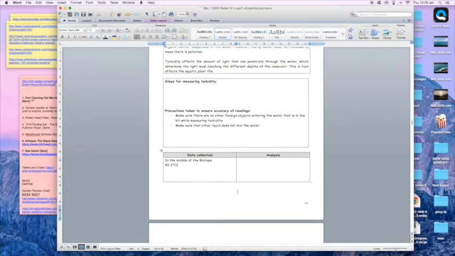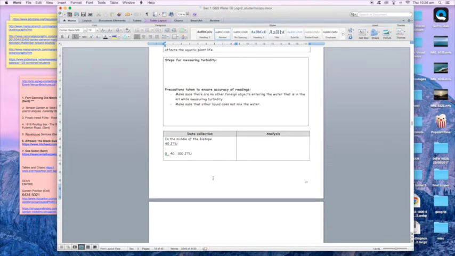If you remember the scale on the card of the GI kit, it goes from 0, 40, to another one at 100 JTU. This is all the scales. So you write down the measurement that you got for turbidity.